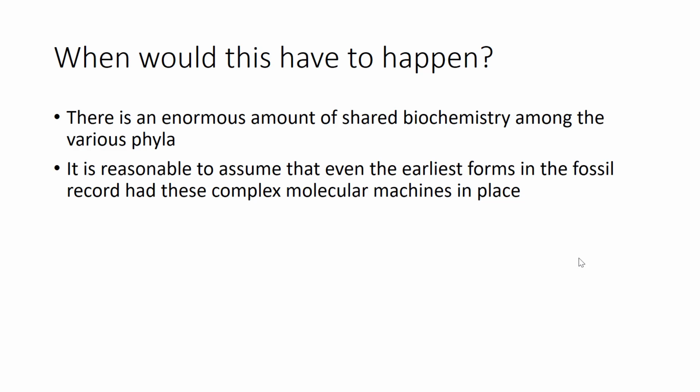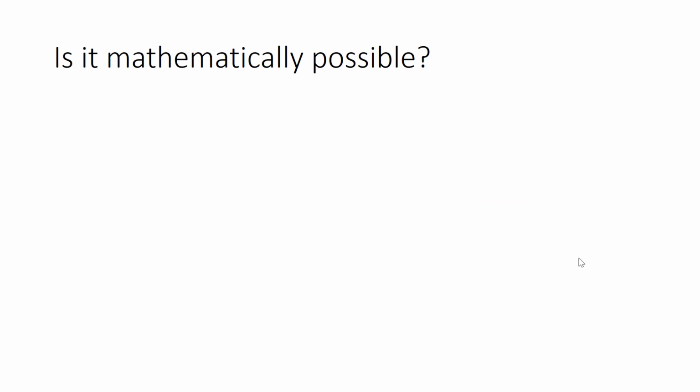Which means at the time that we first start seeing a great deal of diversity appearing in the fossil record, all of these molecular machines really need to have already evolved, which means that this thing that's already very difficult to explain mechanistically had to have happened very early in Earth's history.